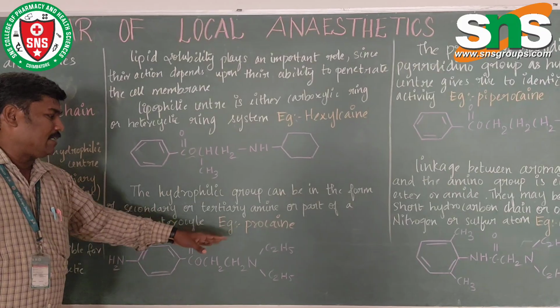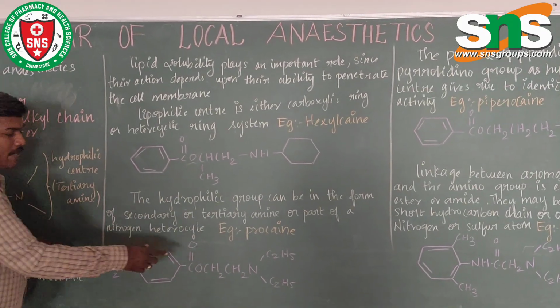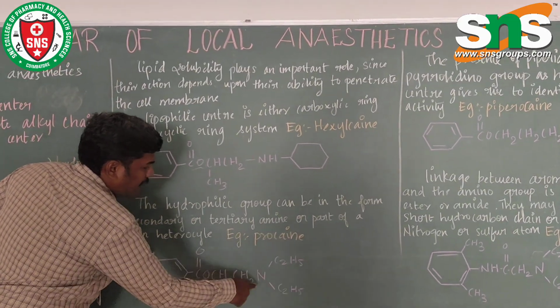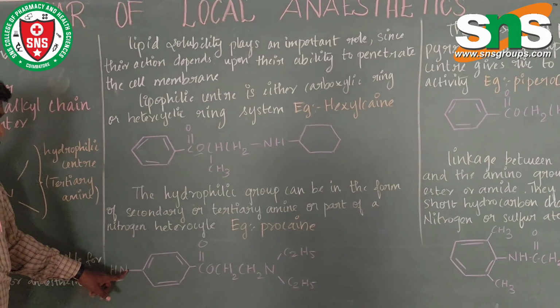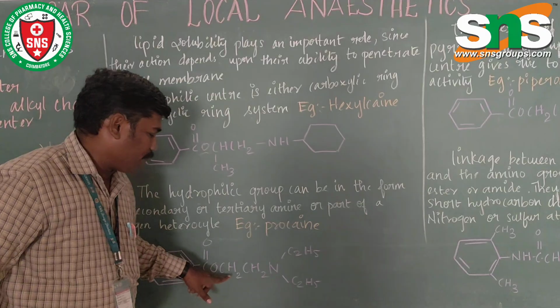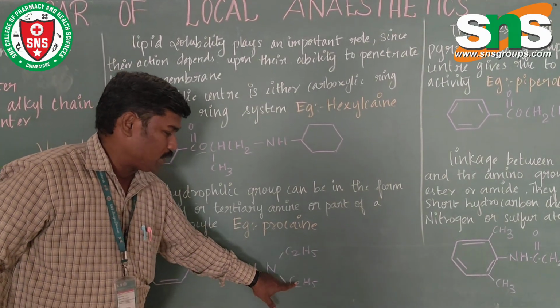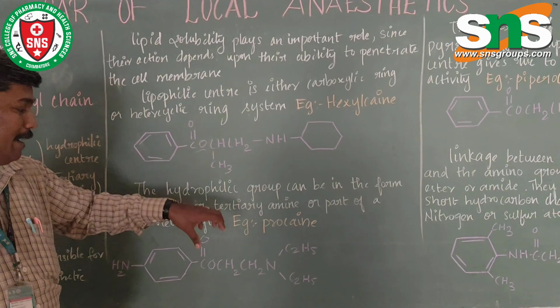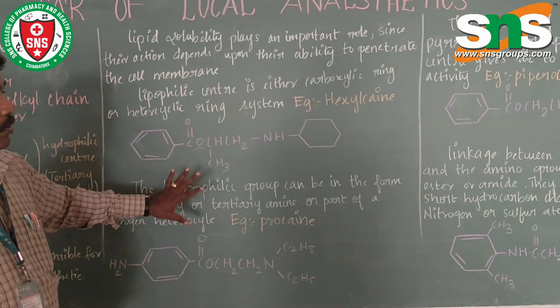One example is procaine. This is the structure of procaine. Here an N,N-diethylamino group is present. Para-aminobenzoate is attached to the alkyl chain CH2, CH2, then N(C2H5)2. This diethylamino group is the hydrophile present in this nucleus.